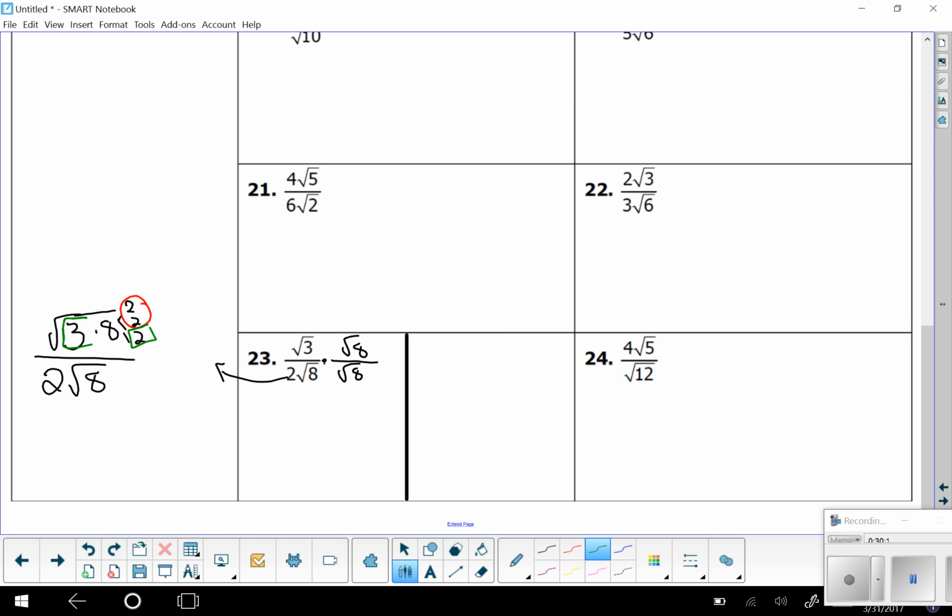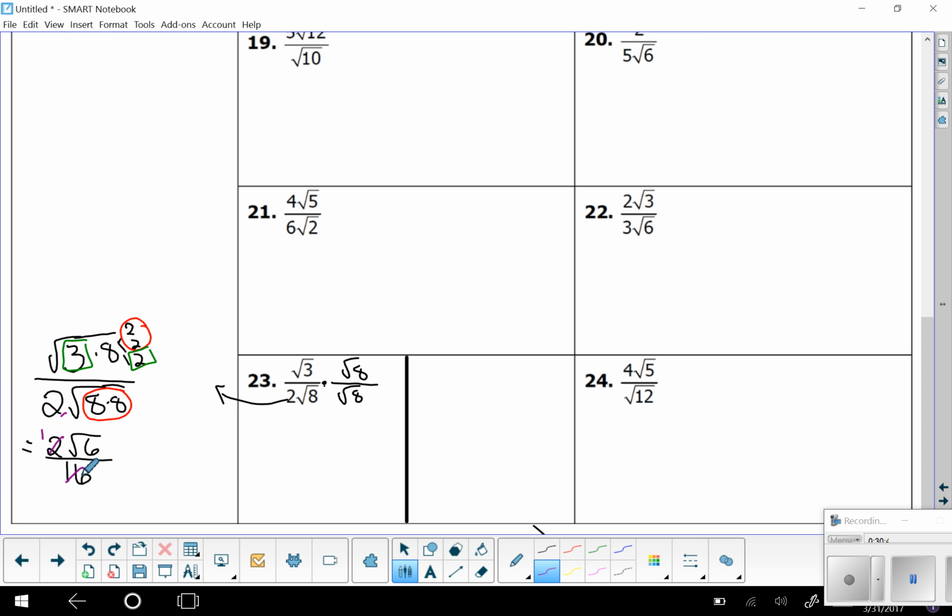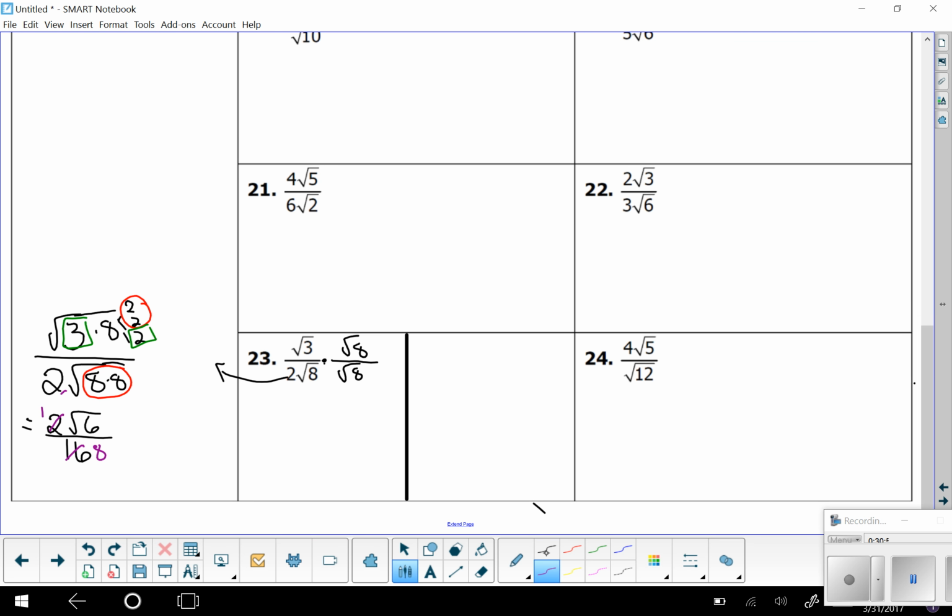That's my boxed. This is my pair. So on the top, I'm going to get 2 square root 6, and on the bottom, I'm going to get 16. And I'm going to reduce this, and I'm going to get square root of 6 over 8.